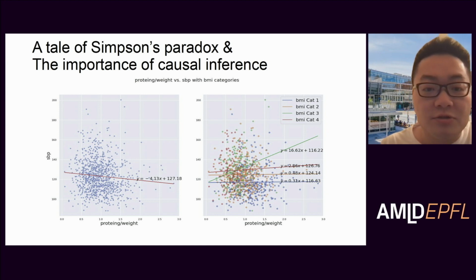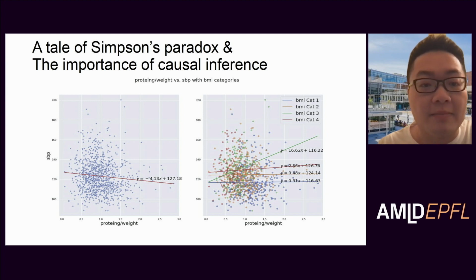We call such a change of the sign of the correlation Simpson's paradox. It means we need to be very careful about when to condition on confounding factors such as BMI, in order to make correct causal inference.